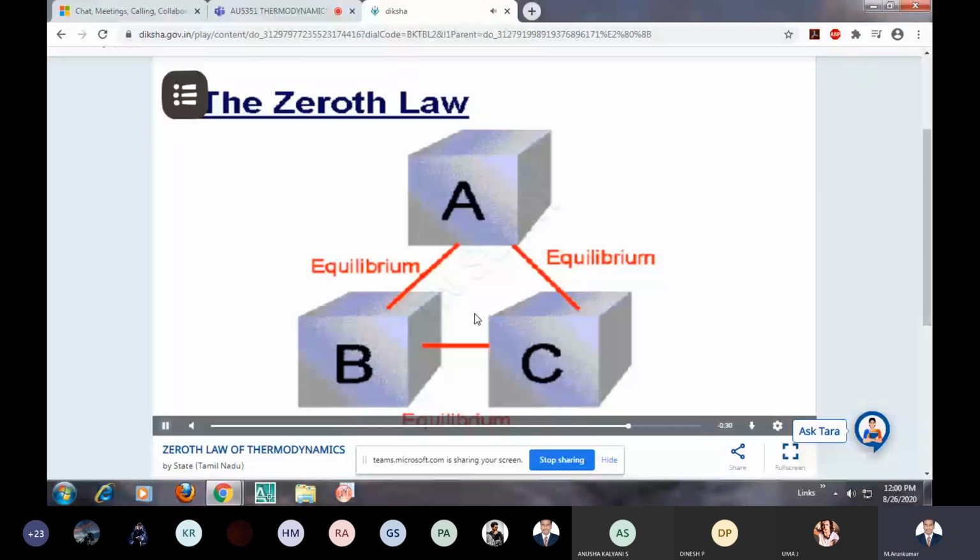If systems A and B are in contact, and A and C are in contact, but B and C are not in contact, then if we keep the systems for a certain time, all three will reach an equilibrium condition because of the zeroth law of thermodynamics.